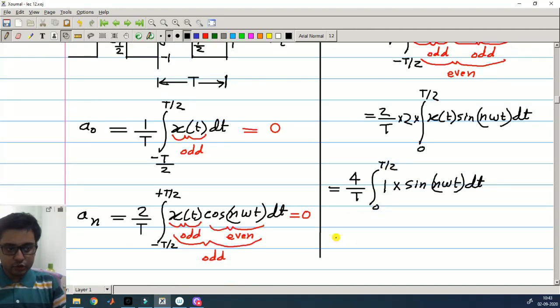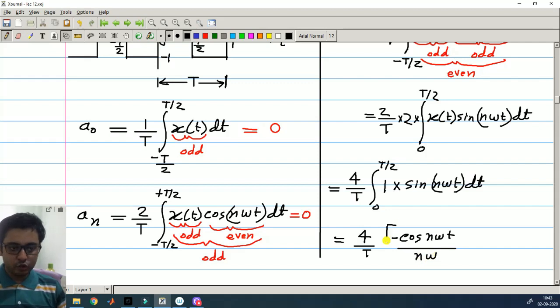And this will be equal to 4 over T. Integration of sine is minus cosine n omega t divided by n omega, with limits 0 and T/2.